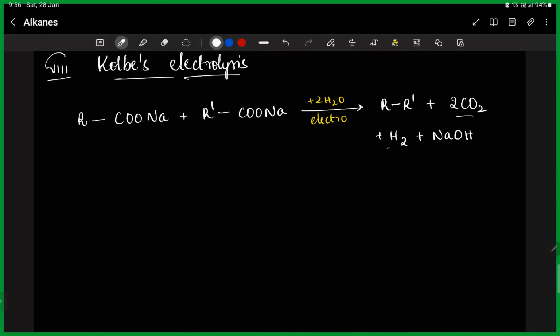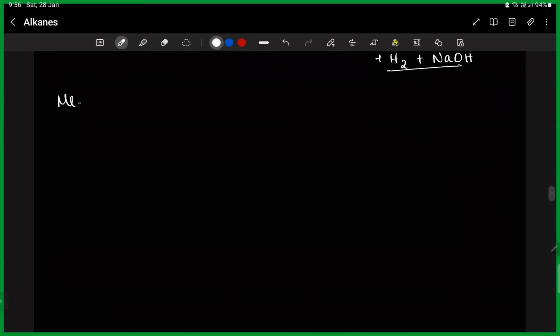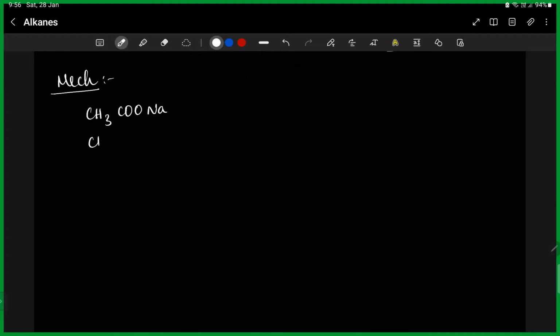These three are the byproducts, which are of least importance, but R–R' is the product we need. So how does this happen? Let's see the mechanism of Kolbe's electrolysis. Let me take a suitable example here: CH3COONa. I'm taking 2 moles of CH3COONa.